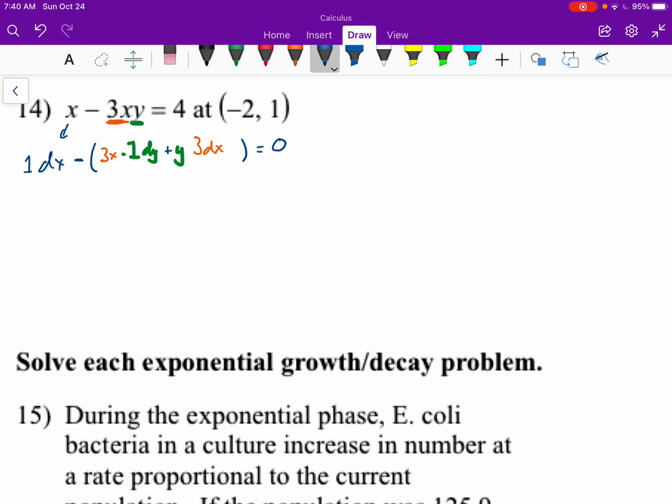We need to distribute this negative. And we have dx minus 3x dy plus 3y dx is equal to 0.